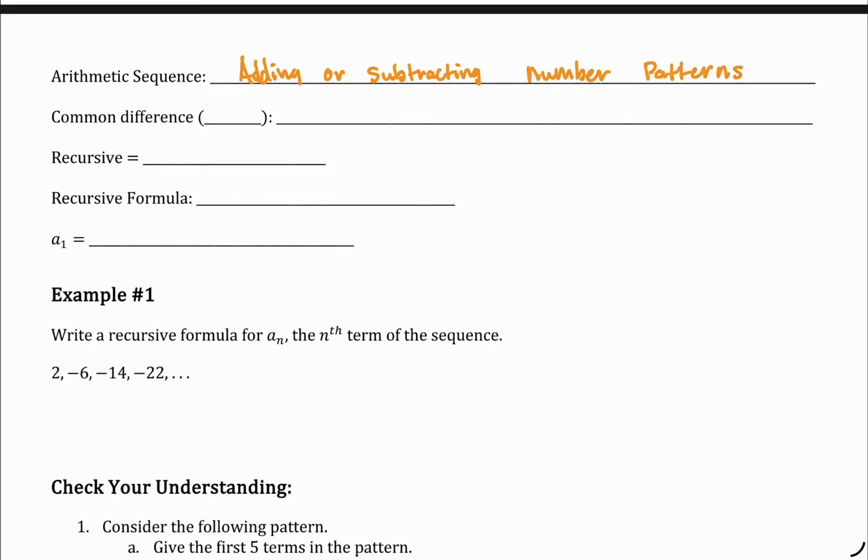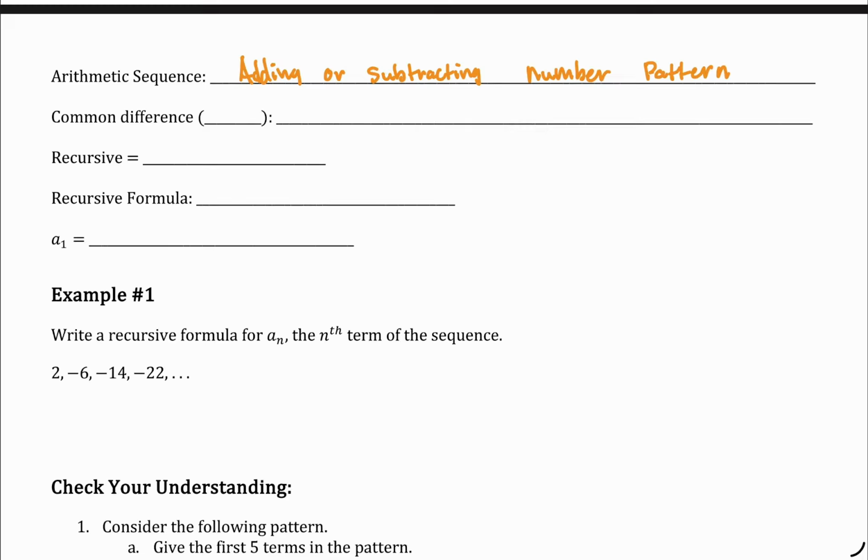So an arithmetic sequence is an adding or subtracting number pattern, okay? So like I said, I think at the beginning of the last lesson, a sequence is just a list of numbers, okay? And it could be random numbers that have no sense why they're connected. But specifically an arithmetic sequence is when you're either adding or subtracting to get to the next number, okay?